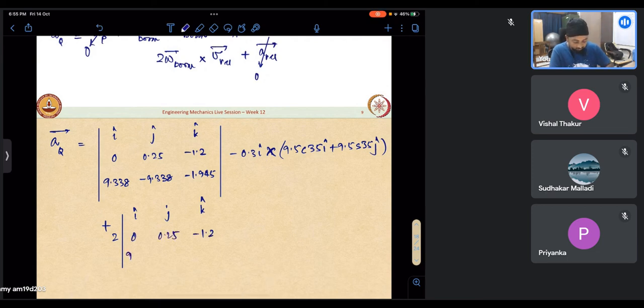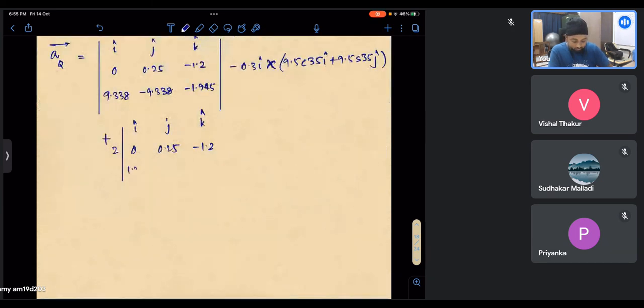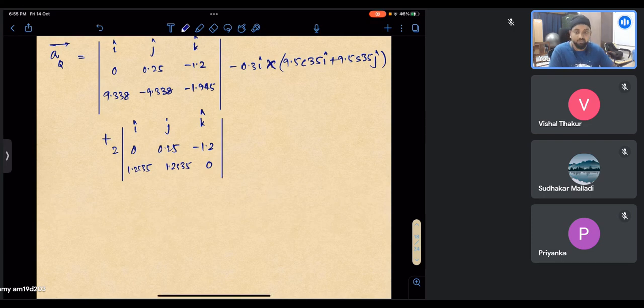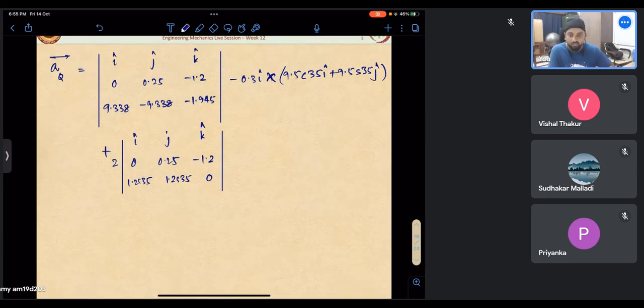VREL was 1.2 cos 35, sin 35, 0, plus AREL is 0. So we just need to calculate this.